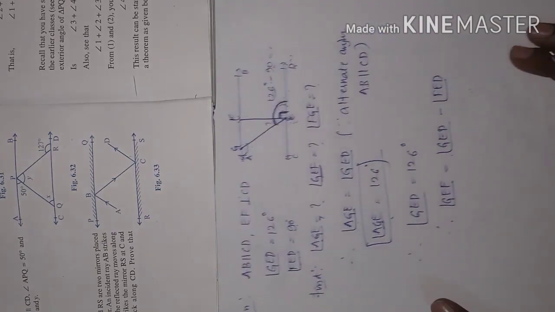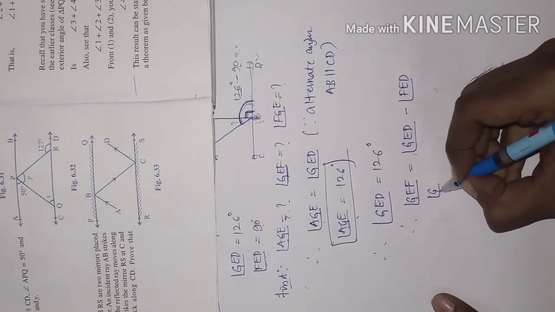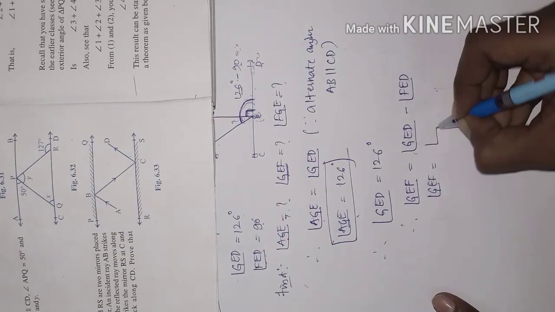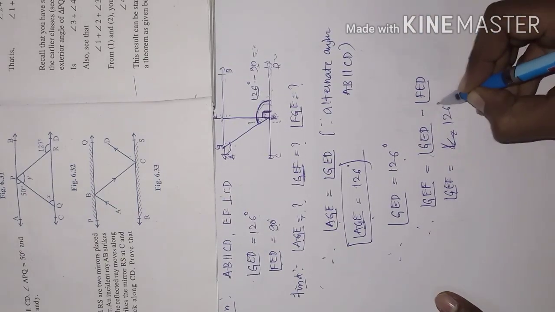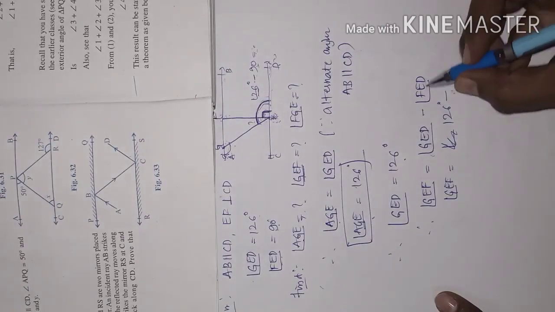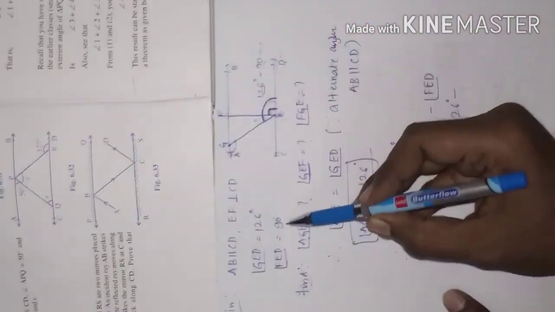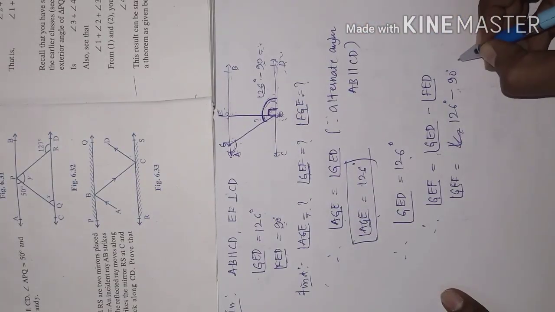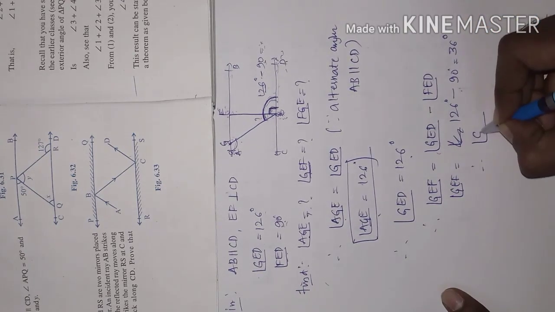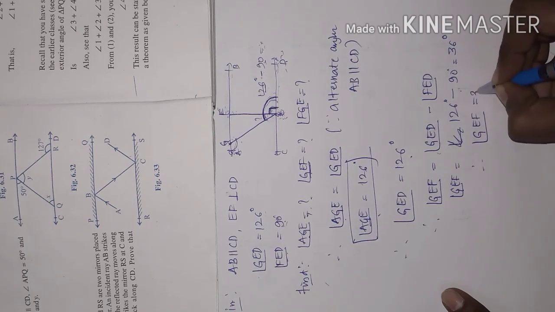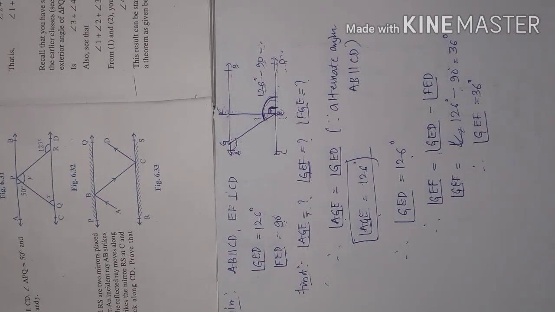GED is 126 minus FED, which is 90 degrees. When I subtract it, it will be 36 degrees. Therefore angle GEF is equal to 36 degrees. Clear with this? And this is the second solution.